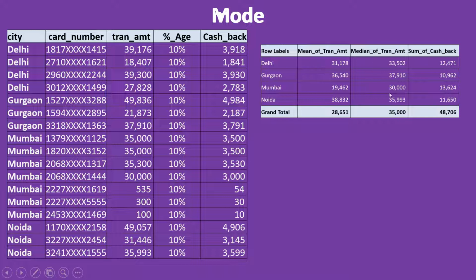So then he found the median and suggested it to his boss and he was kind of safe, right? So now his boss is asking to evaluate the data for Mumbai once again and tell him which transaction amount is appearing most often. So he did that and the number which he came up with was 35,000.